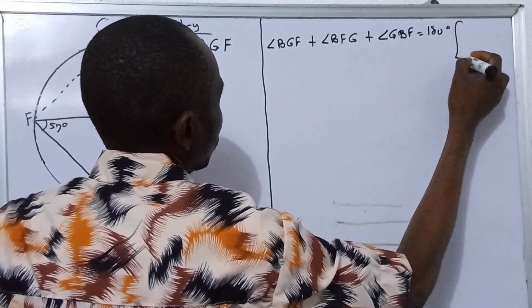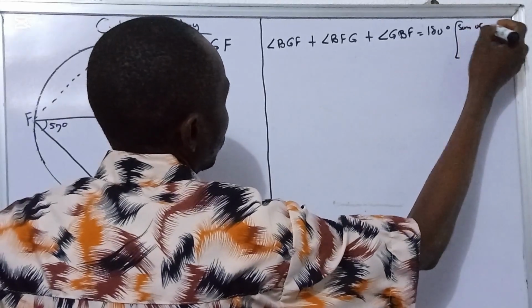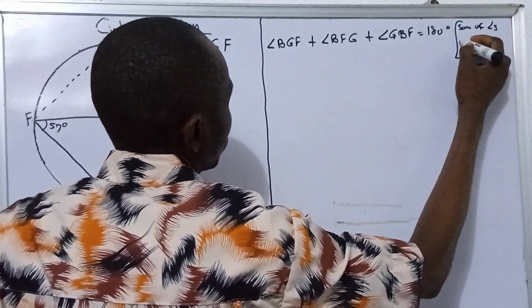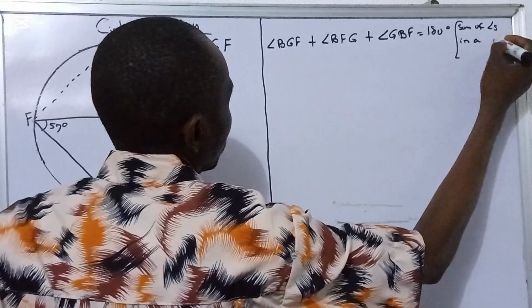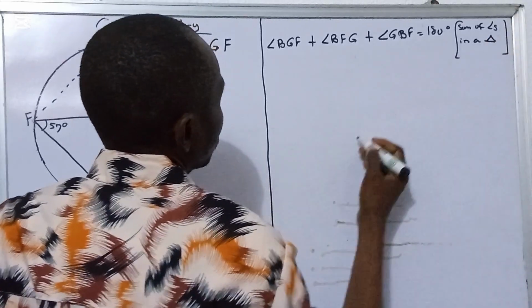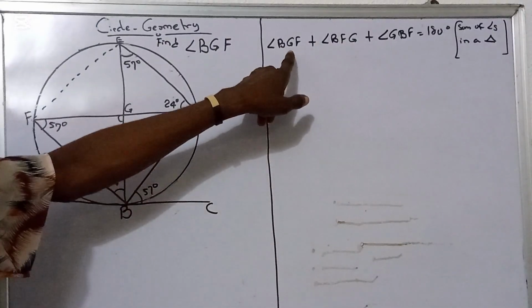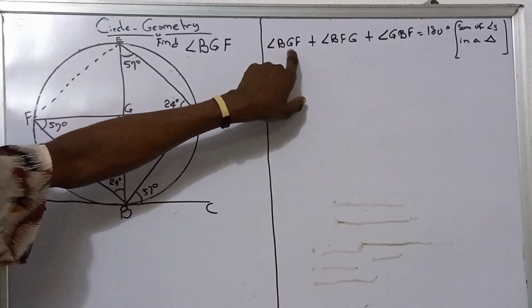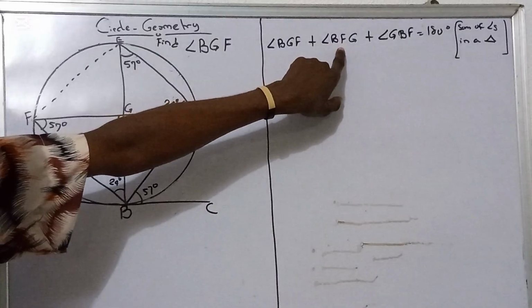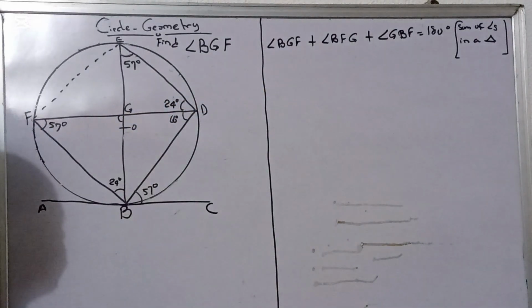Don't forget your theorem: sum of angles in a triangle. The reference angles are the letters at the center: angle G, angle F, and angle B equals 180.